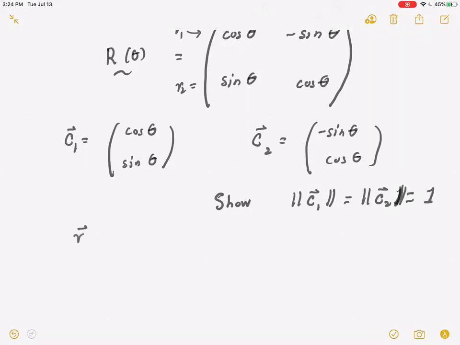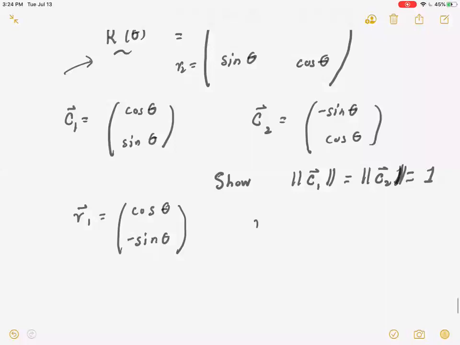Similarly, if you took the rows of the rotation matrix in 2 dimensions and expressed those rows as vectors, again in column representation, so here's R sub 1, and here's R sub 2.